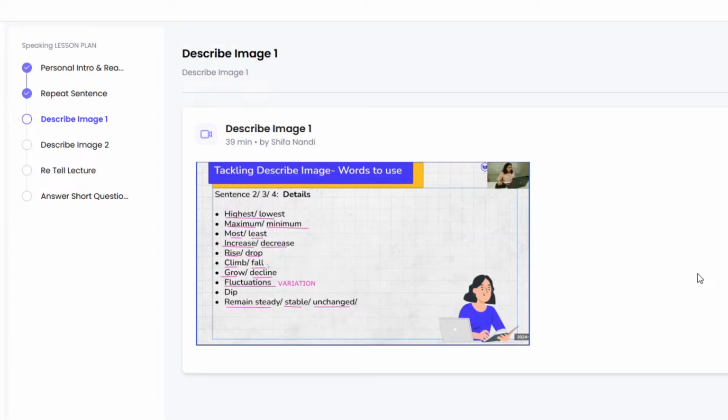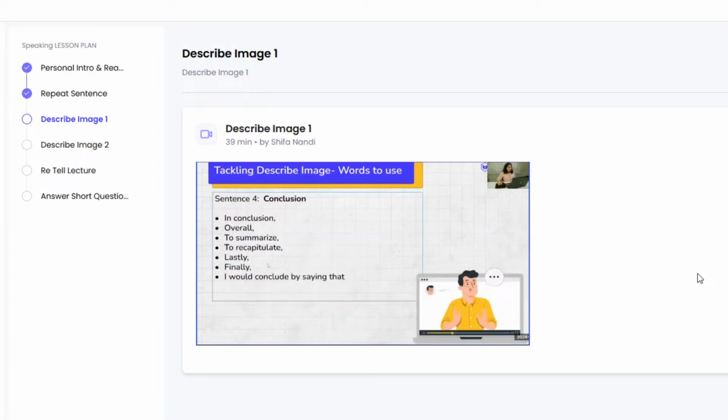So now let's move ahead and look at how to conclude. Conclusions are also important because it is a rounding off point to your answer. So the last line is going to be the conclusion, which you can mention as in conclusion, overall, to summarize, to recapitulate, lastly, finally, or I would like to conclude by saying that.